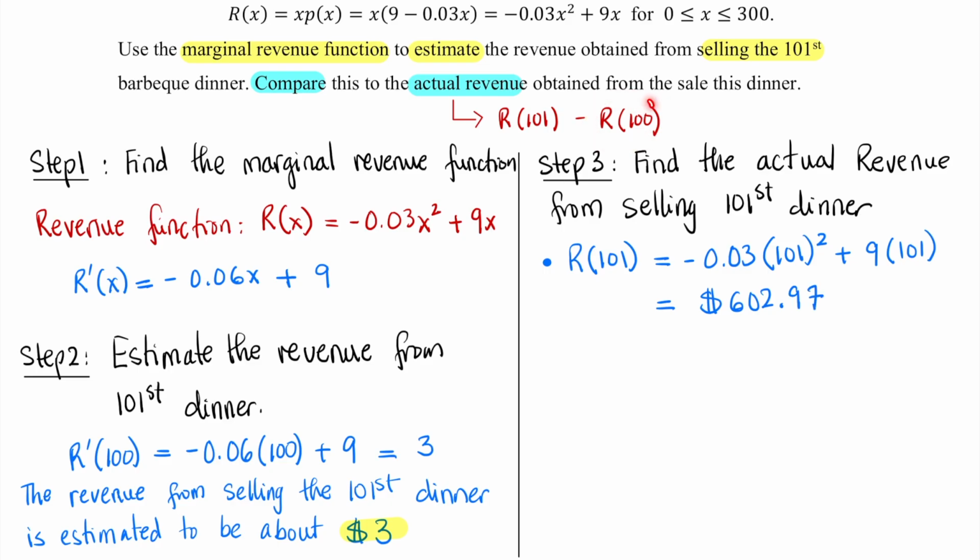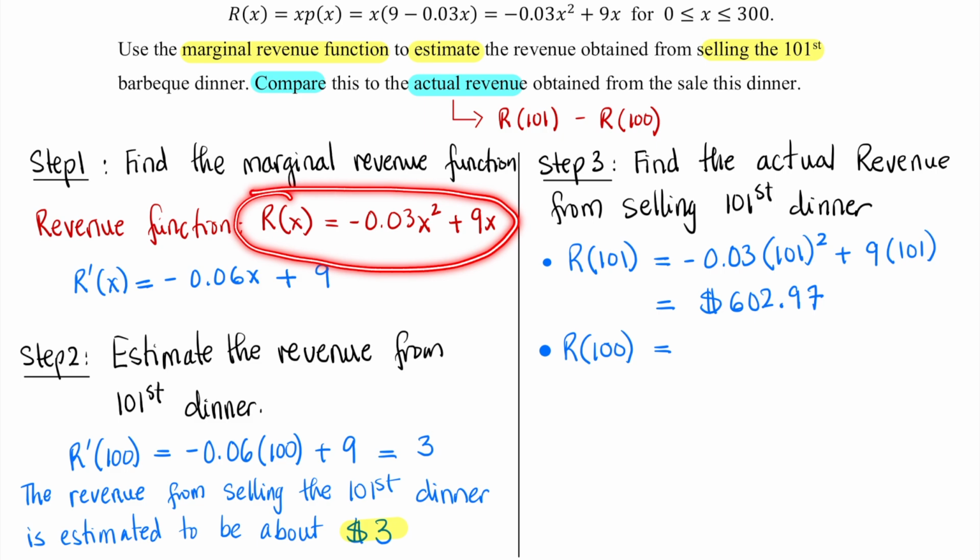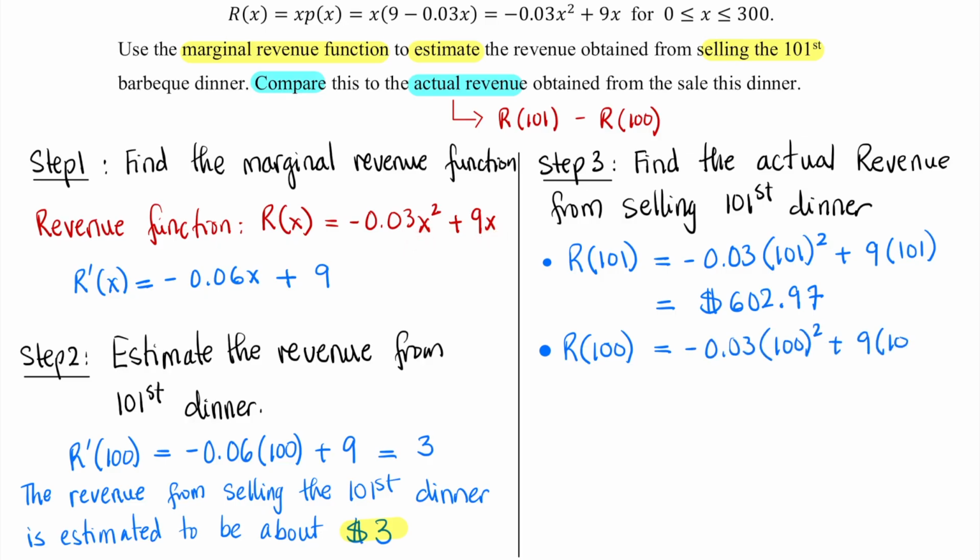Next, I need to find R of 100. Since R of x is negative 0.03x squared plus 9x, to find R of 100, I substitute x with 100. So I have R of 100 equals negative 0.03 times 100 squared plus 9 times 100, which is 600.